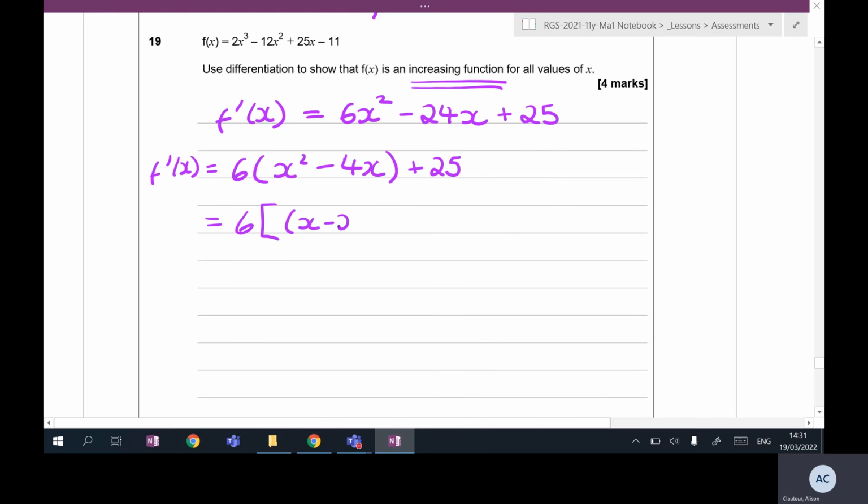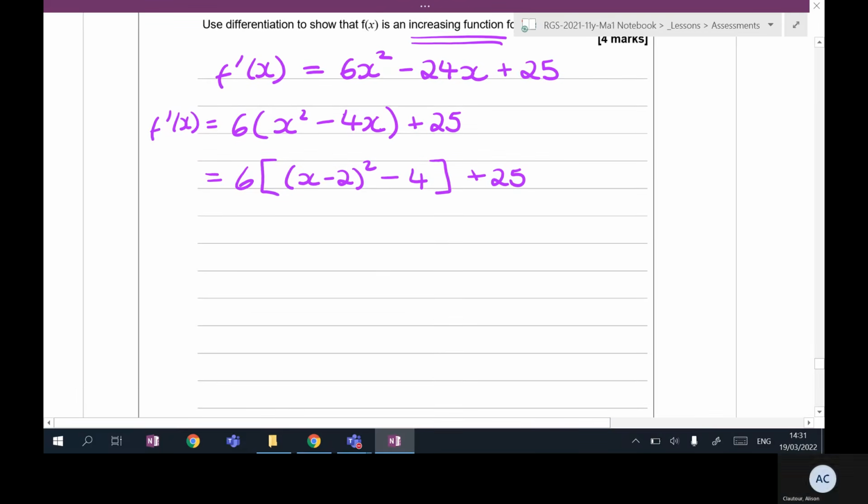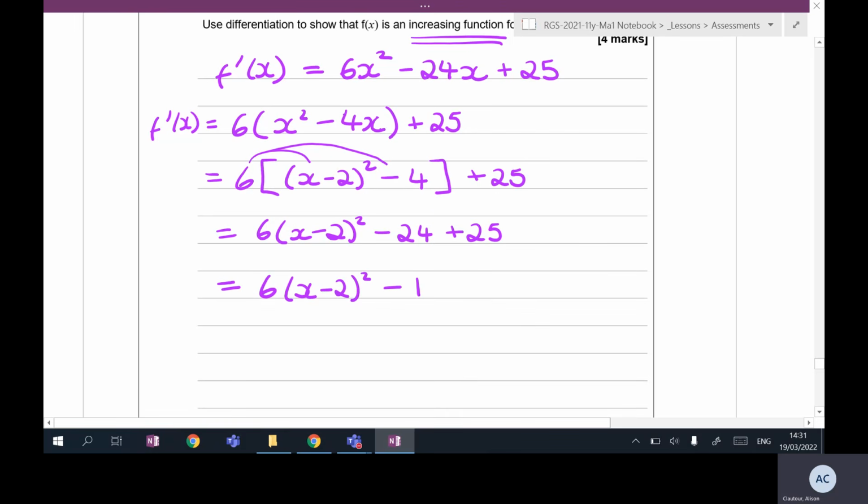Okay, so x minus 2 squared minus 4. I'm then going to multiply my 6 back through, so 6 times the brackets and 6 times the minus 4. So my expression has changed into this form, +1, sorry.